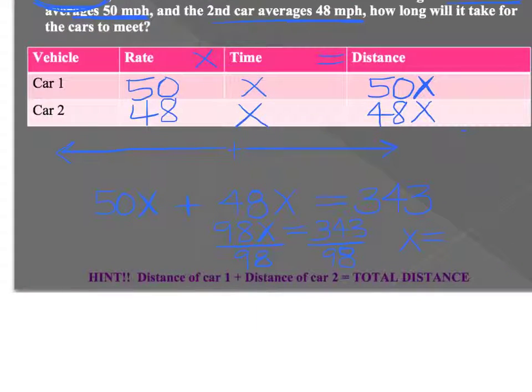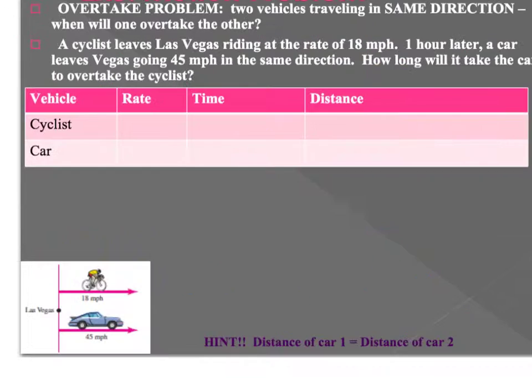For problem number 2, this is an example where we have two vehicles going in the same direction, trying to figure out when they will meet. So in this situation, a cyclist leaves Las Vegas riding at a rate of 18 miles per hour, and 1 hour later, a car leaves Vegas going 45 miles per hour in the same direction.